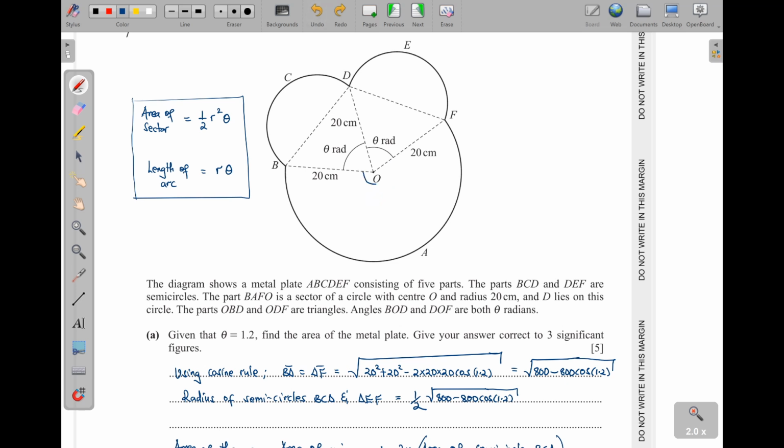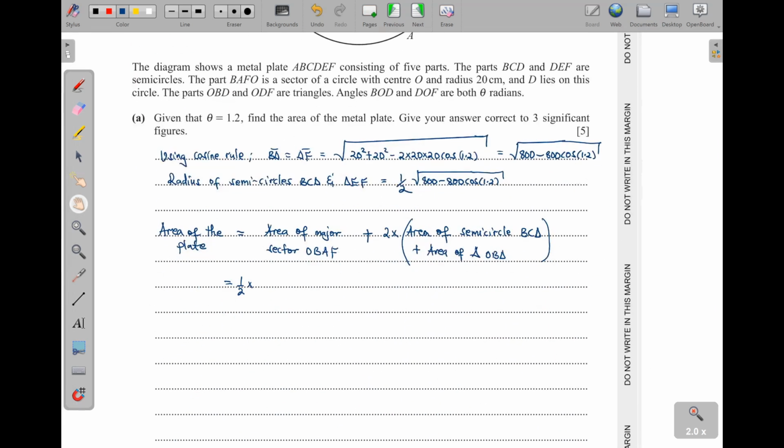So I'm actually going to put this one here like this, 2 pi minus 2 theta. All right. Now, we have the radius 20 squared, and we have 2 pi, then minus 2 theta. Theta is given as 1.2. That will be the area of the major sector.